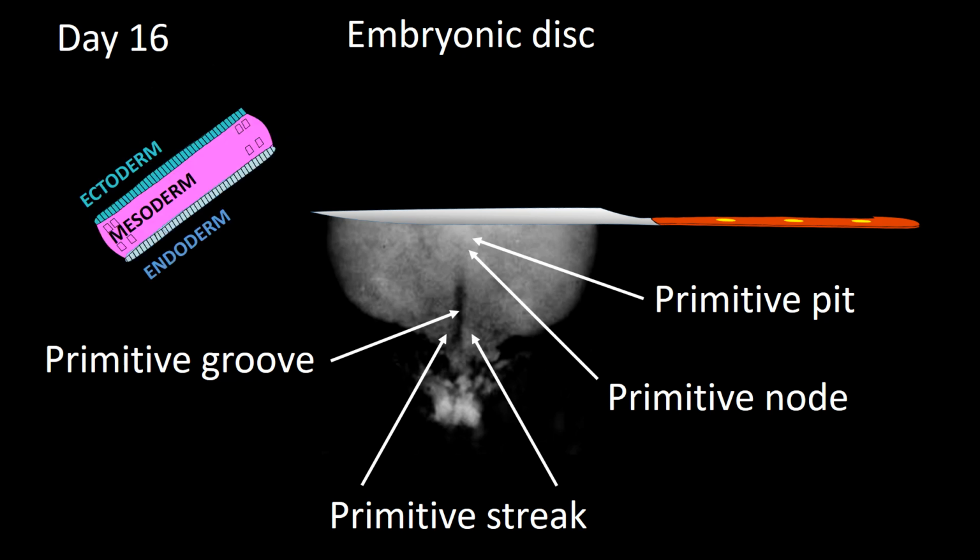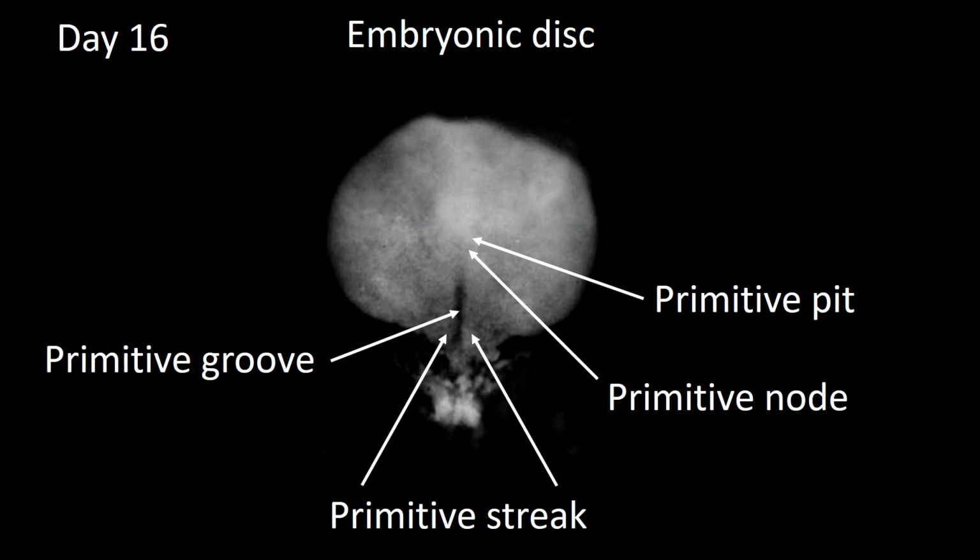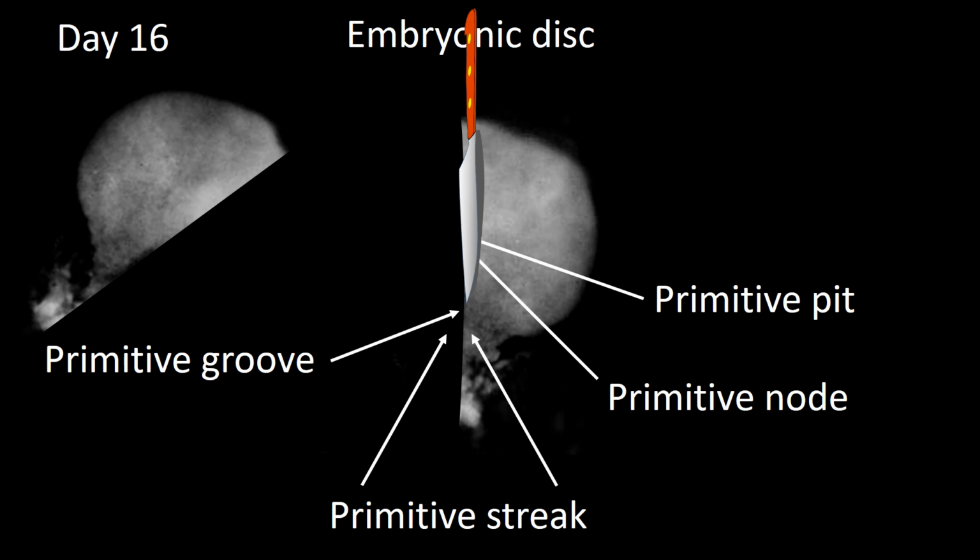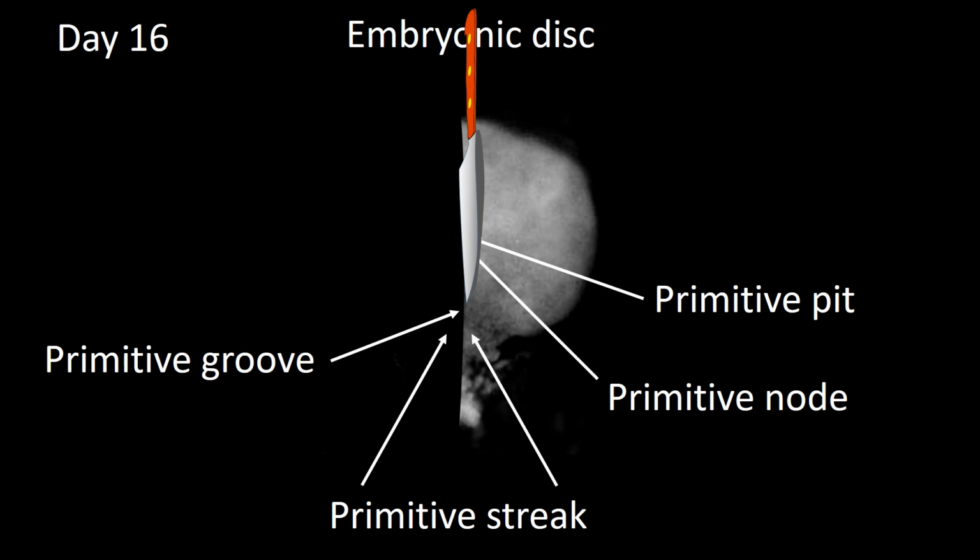The inner region of the disc is constituted, as we know, by 3 layers, as is characteristic of a 3-week embryo. If instead of cutting transversely, as we did, we do a midline cut, separate the halves, disregard the cut half, and then twist the remaining half, we will still see the 3-layer structure, as you can see represented in this frame.